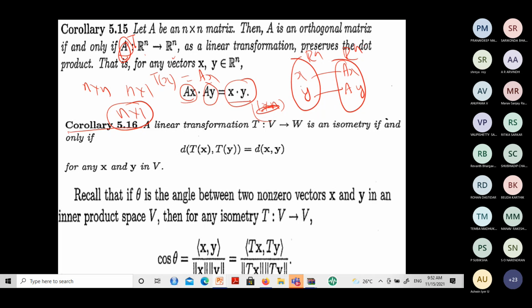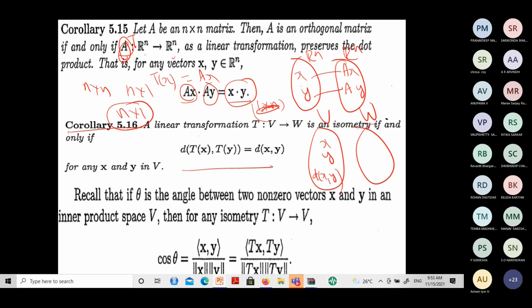Again it speaks about isometry. A linear transformation T from V to W is an isometry or orthogonal transformation if, see here, what does this mean? Here V, here W. V has two vectors x and y. There is a way you can say what is d of x comma y, the distance between two vectors x and y. What is the distance between x and y?